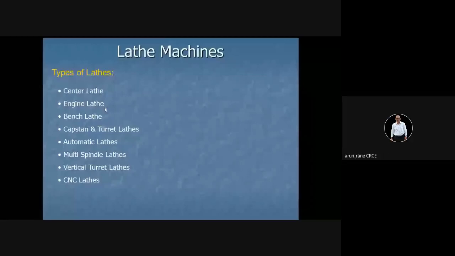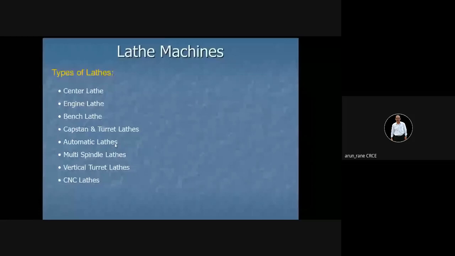Bench lathes are machines that can be mounted on a bench or on a table. Then the capstan and turret lathe is used for mass production, where all the operations are done automatically and the operator only has to do the loading and unloading of the component.